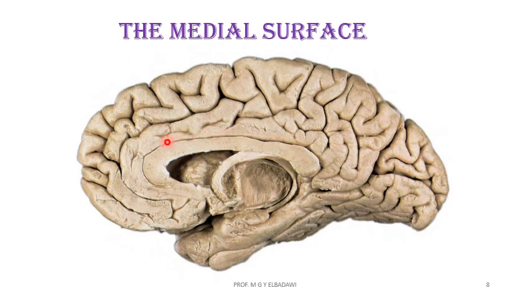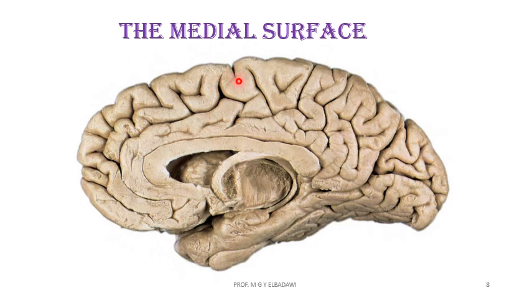But most important are what we are looking for, the sulci and the gyri. Above the corpus callosum, we can see the callosal sulcus here. Parallel to it and above is the cingulate sulcus. Between both of them will be the cingulate gyrus.